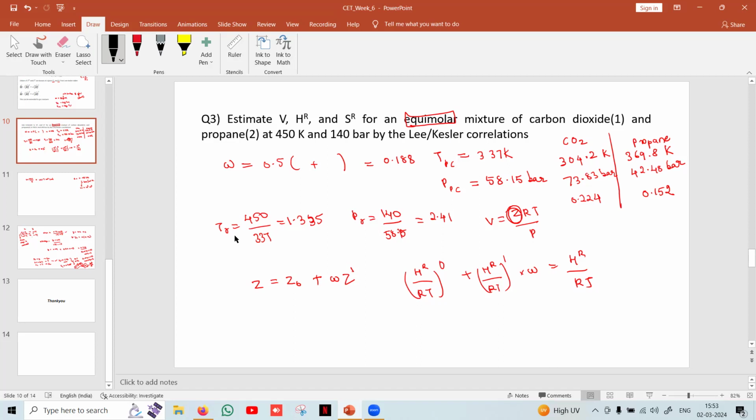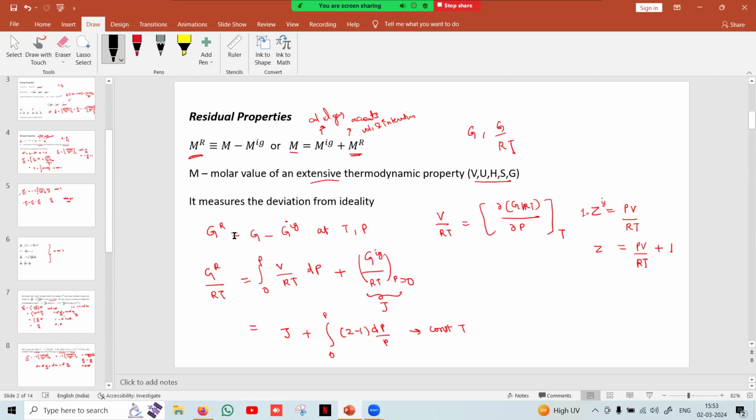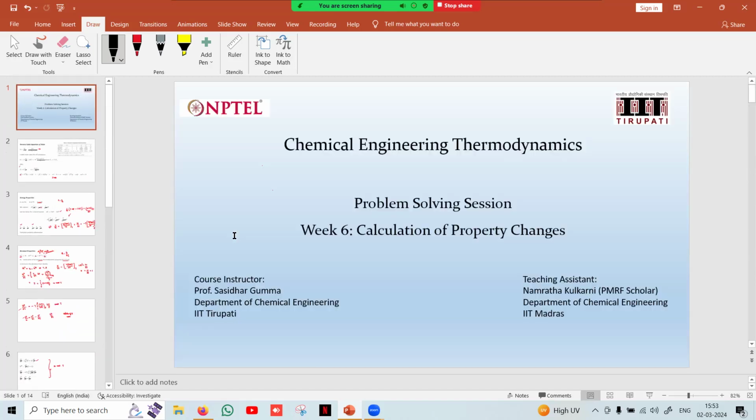So it plays a very big role in real systems, in real problems, right? All these problems are just to understand the concept and apply the equations, that's all. But if you really go to real applications, the significance of all these things is huge.